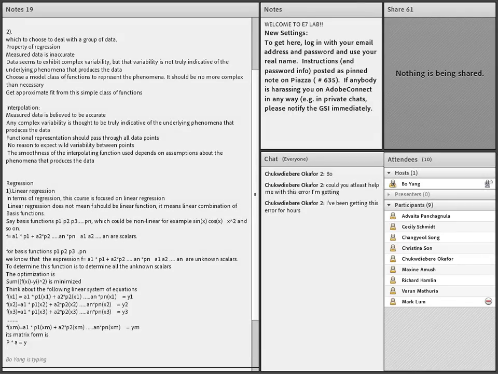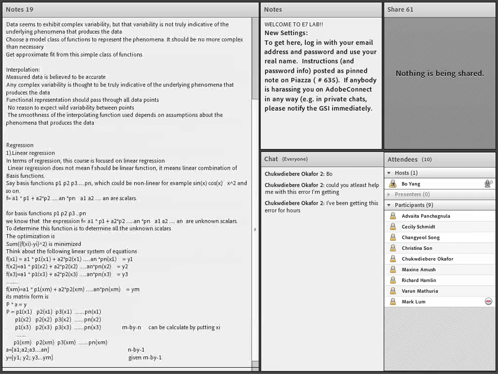The first row you can see is just p1(x1), p2(x1), p3(x1) to pn(x1).